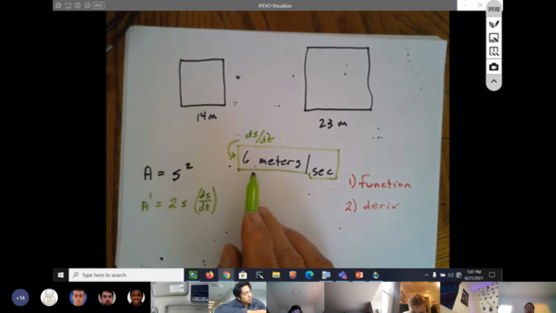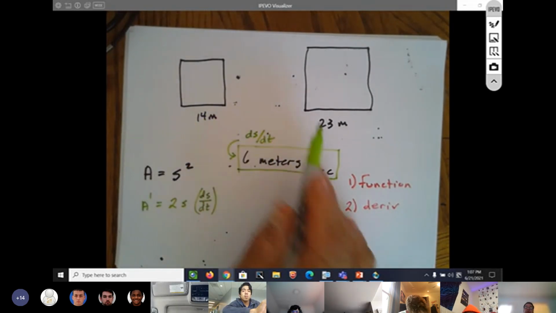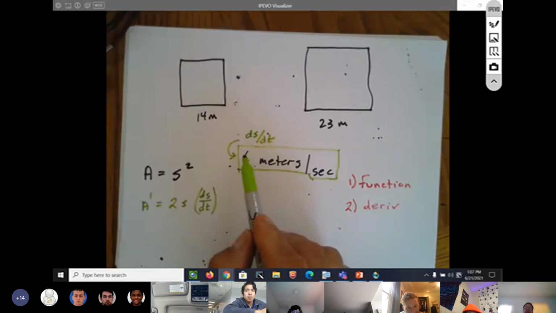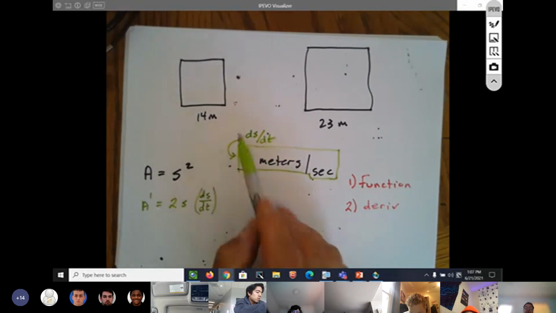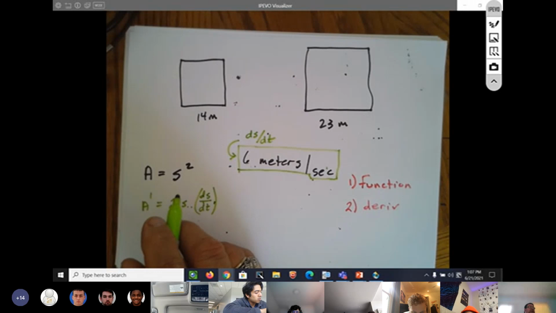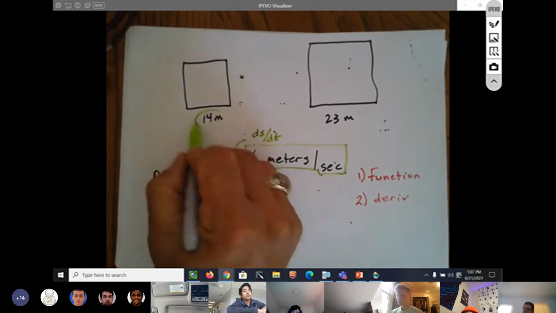That's what your square is growing per second. Does everybody understand that? Your ds/dt, that's going to be what we call your related rate. And that sucker is growing 6 meters per second. So we got to multiply it by that. And the question asks, if I can find the question, sides are 14, oh, here we go, 14 meters long.